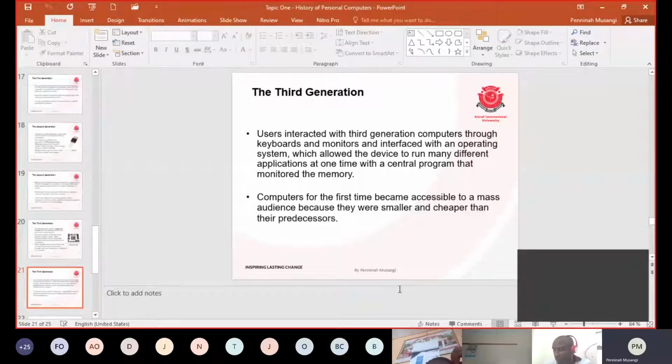And these allowed the use of an operating system, which allowed the computer to run many applications at one time, because all that could be monitored from the main memory. And it is still in the third generation where computers for the first time became accessible to the mass audience or the general public, because they were cheaper and smaller than the first and the second generation.